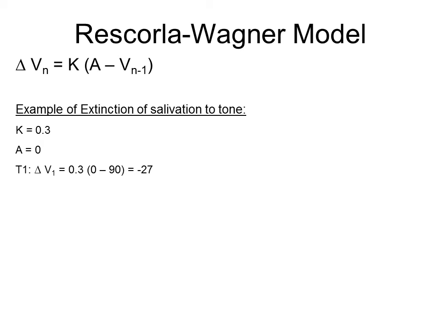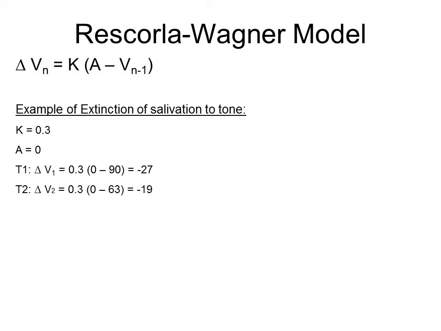So delta V1 is equal to 0.3 times 0 minus 90. 0 minus 90 is negative 90. Negative 90 times 0.3 is equal to negative 27. So we are losing 27 associative units, or 27 drops of saliva, after one extinction trial.